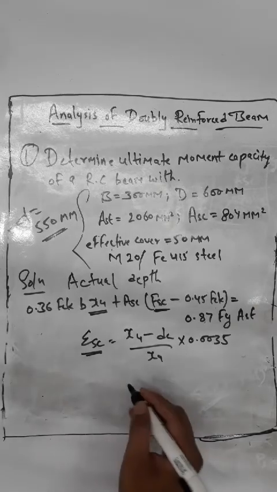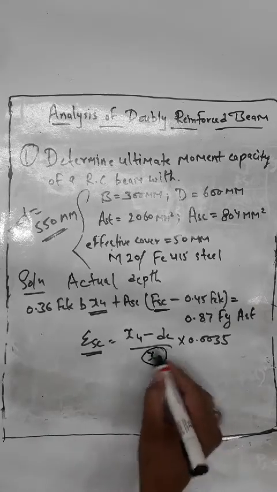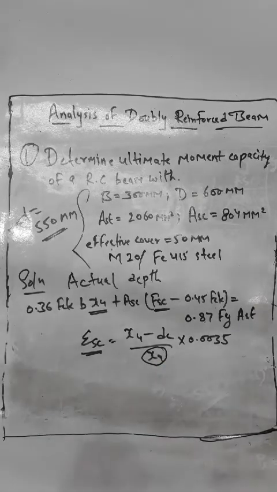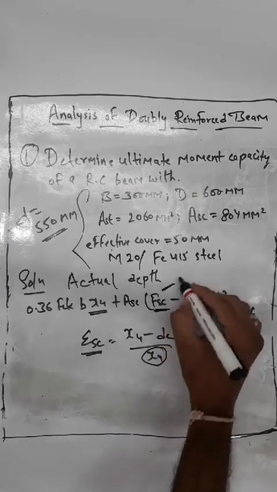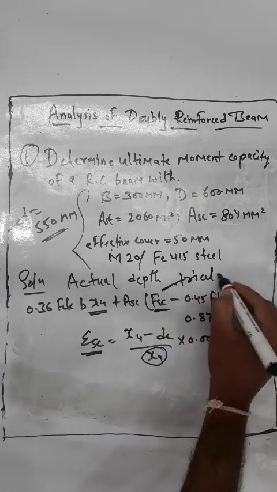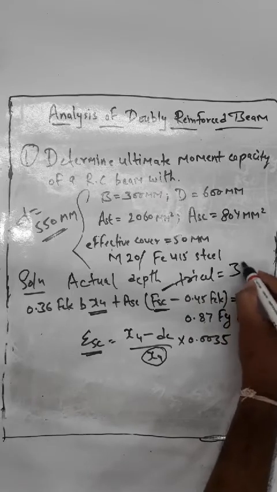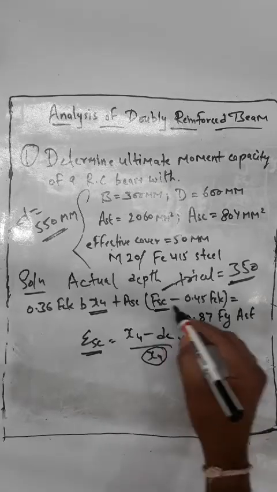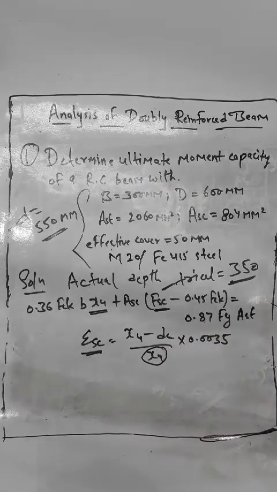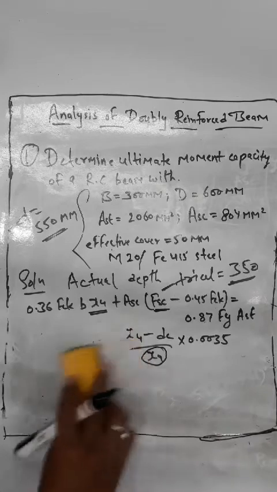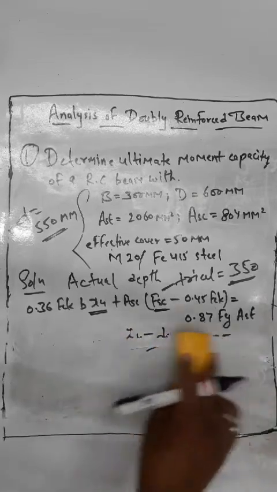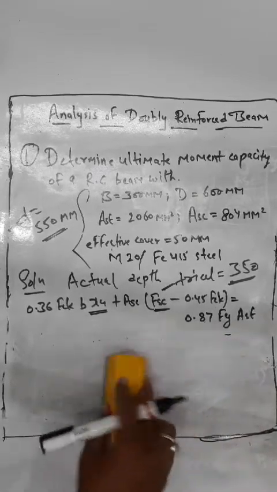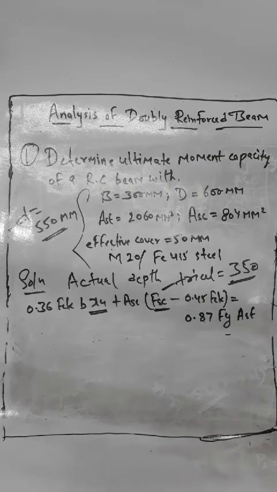So first we have to find the xu. How do we find the xu? Here we take a trial value, assuming fsc is equal to 350. If we take fsc equal to 350, then we can find the xu value, because the remaining values are given in our problem.